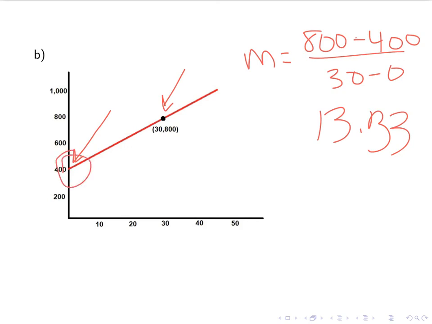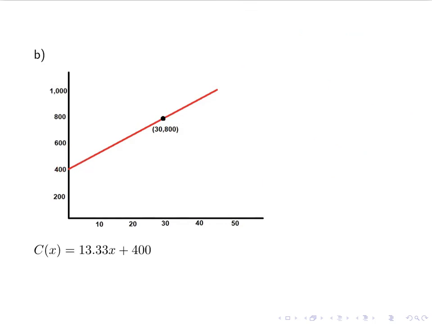However, I am given the y-intercept, so I want to use that. So my cost function is my slope times x plus my y-intercept. And to make it look a little nicer, 13.33x plus 400.